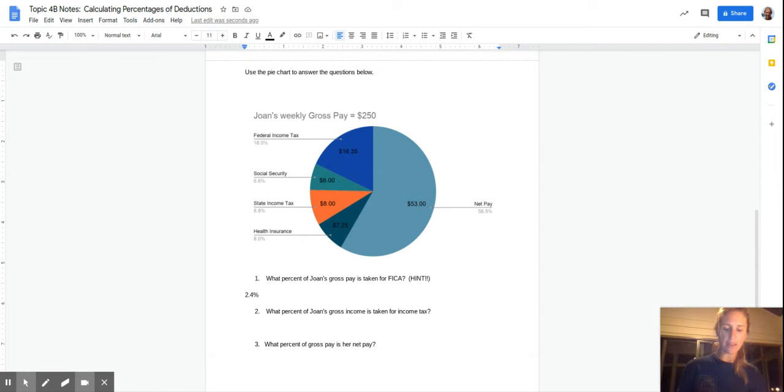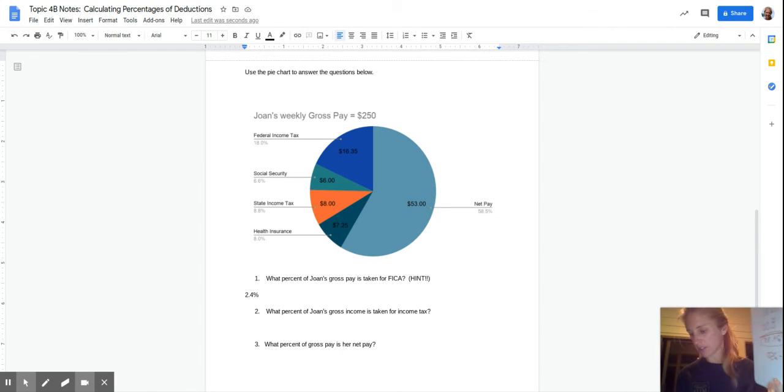So these are my 2 amounts for income tax. We're going to have to put them together. Let's add them up. So $24.35 is the total amount of money taken for income tax. What percentage is that? So again, I have to take that amount and divide $24.35 divided by her gross amount.